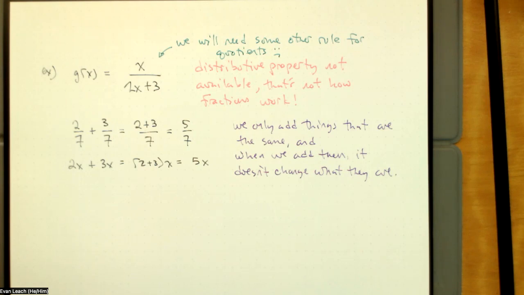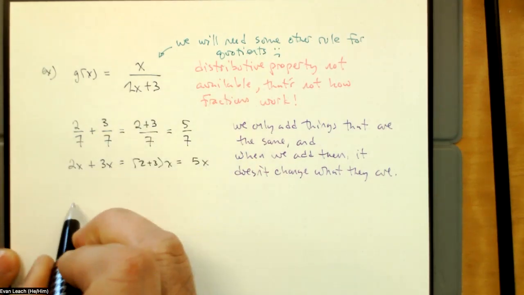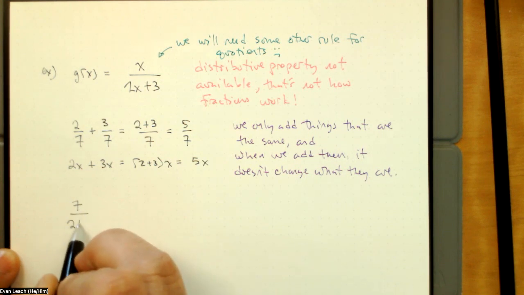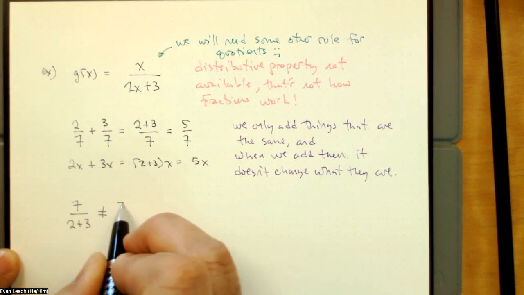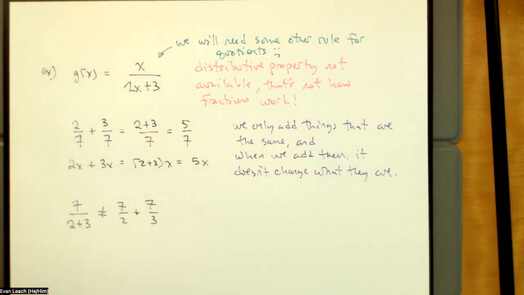Is everybody okay? So if I have this flipped over like 7 over 2 plus 3, just speaking of not distributing over here, I can't write this as 7 over 2 plus 7 over 3. Addition in fractions is about common denominators, not common numerators.